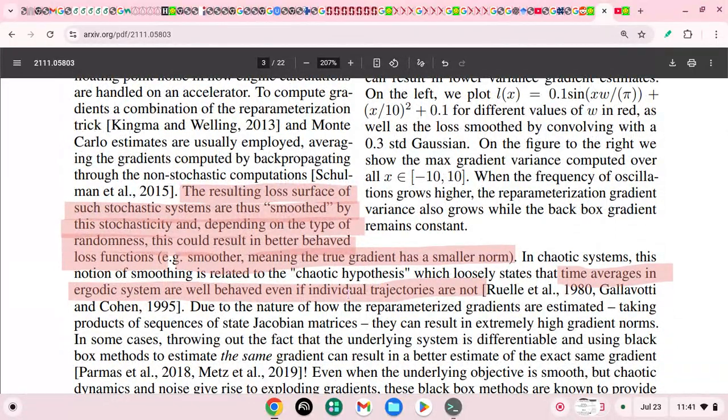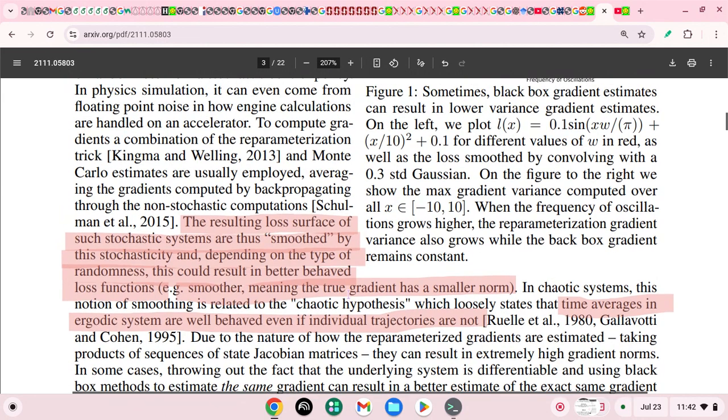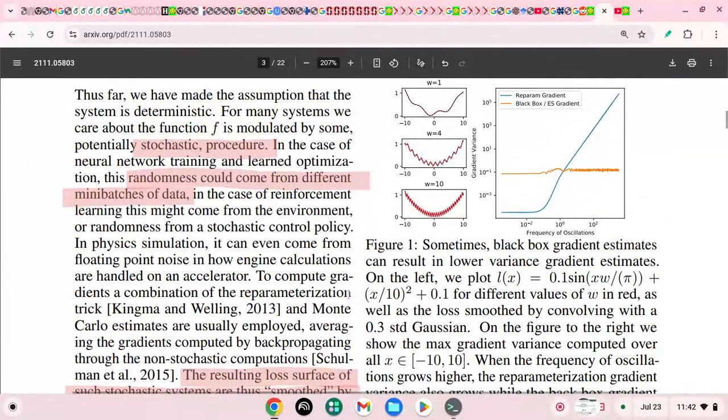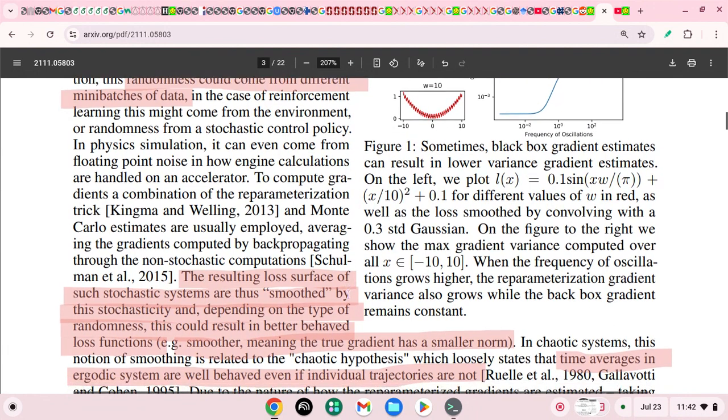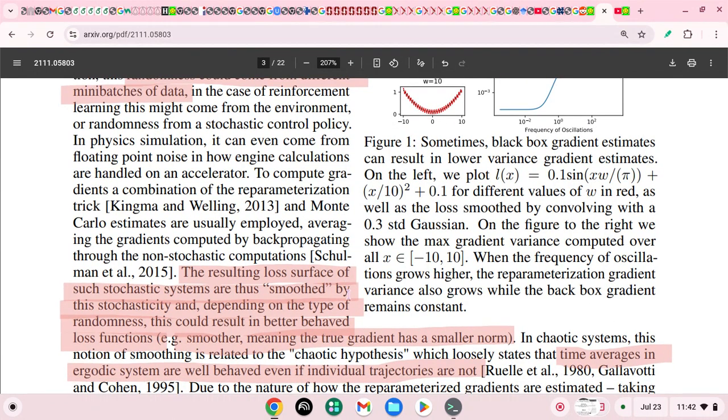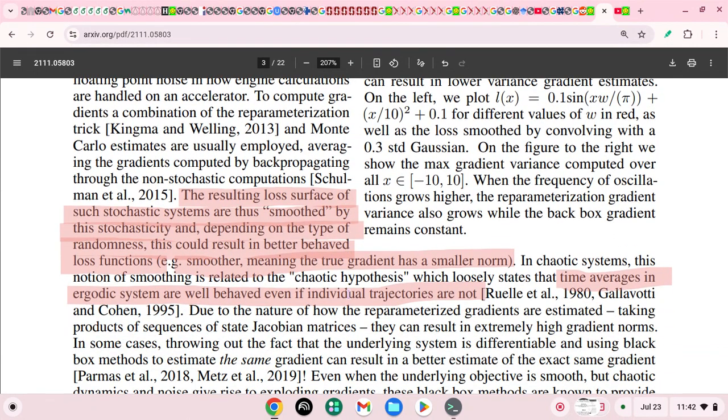Another way to make the system stable is introducing randomness in the solution procedure, like stochasticity. This randomness gives you an averaging process, which provides a smoothened way to compute the gradient.